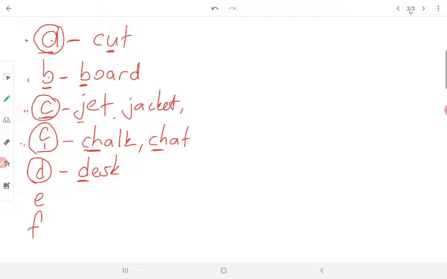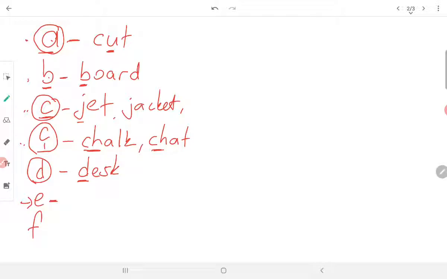Now another confusing one. It's not confusing, but most of the time you think English, and then when you see this letter, you easily say what's in English, right? It's E, right?